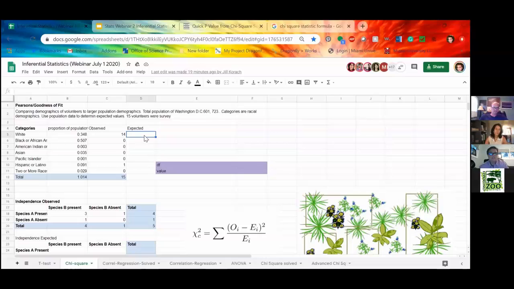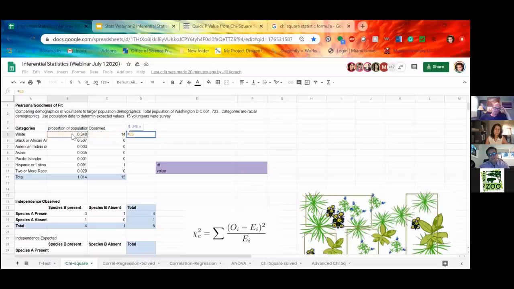So what happens here is pretty simple. It's just a matter of recognizing this is what has to happen. We are just going to do equals. And I knew from the census data that 34.8% of the population of DC was white. So this is just divided by 100 because it's easier for my math. I'm going to do that proportion of the population times my number of volunteers.